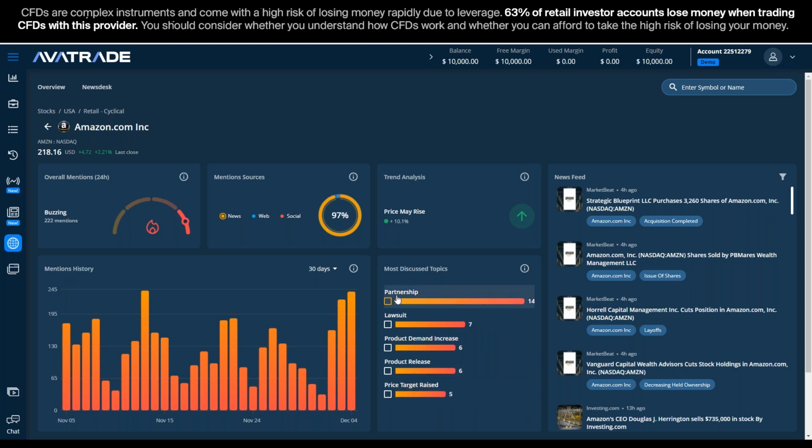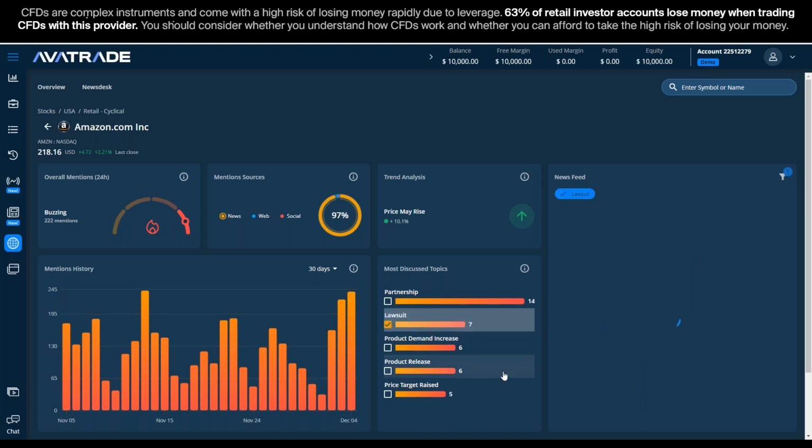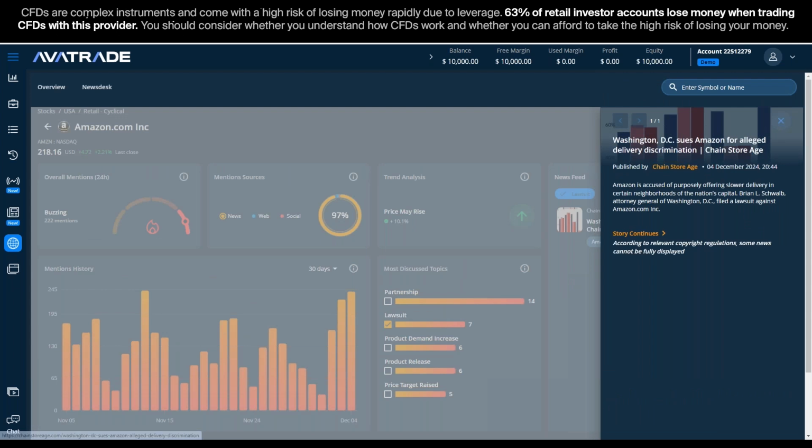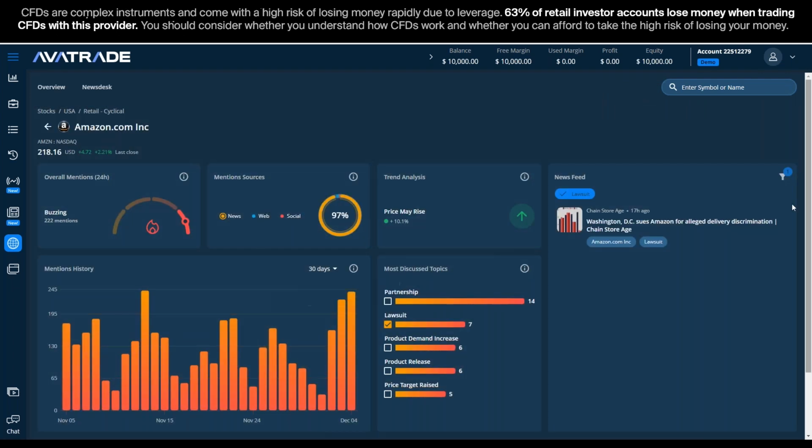So that means that now I can read specifically for partnership or lawsuit or product demand increase or product release or price target raised. One of them specifically, if I want to focus on the lawsuit as an example, I can click, go to the articles, and it's going to immediately show me what I need.